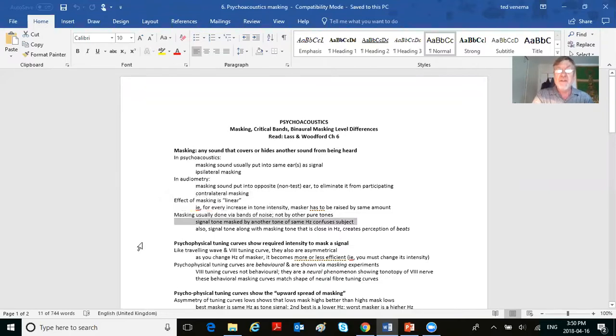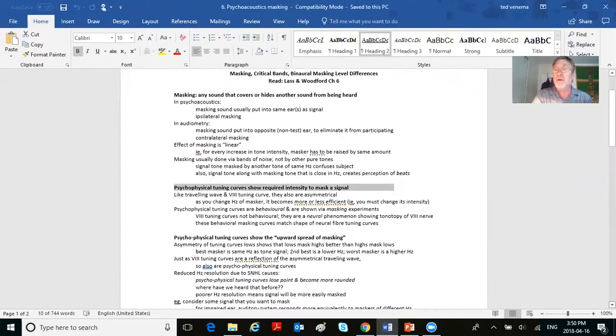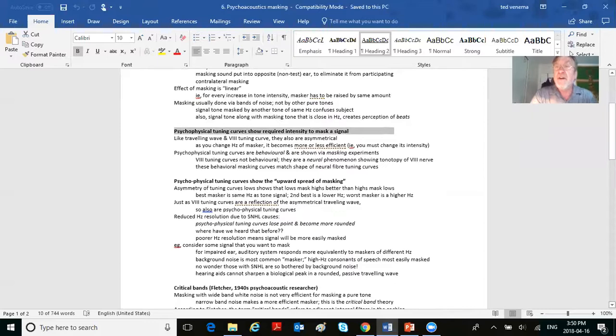Okay, so let's just look at psychophysical tuning curves. Now, not eighth nerve tuning curves that we studied last week and in anatomy class when we looked at the eighth nerve, not that. What we're talking about here is a different tuning curve, and these are called psychophysical tuning curves, and they show what's required in order to mask a signal.